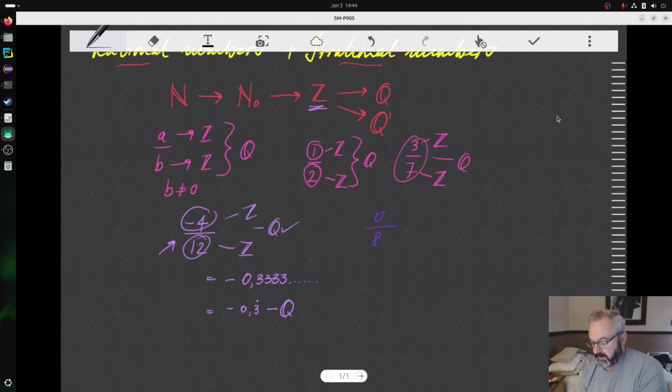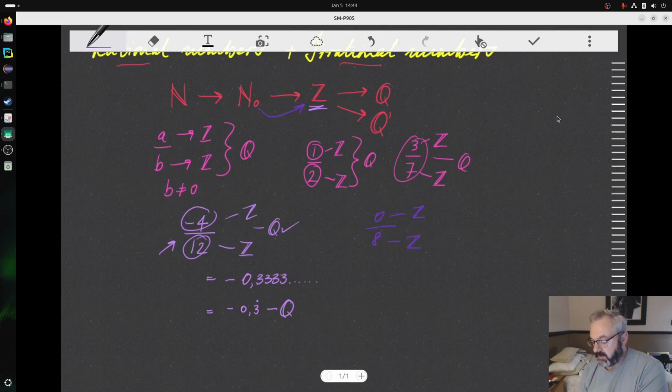All right, is 0 an integer? Yes, 0 is an integer. Why? Because 0 is contained in our collection of integers. All right. What about 8? Is 8 an integer? Yes, 8 is of course also an integer.